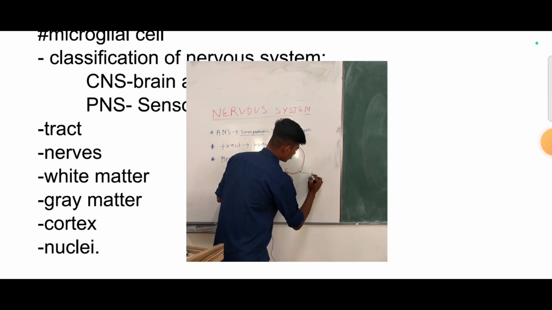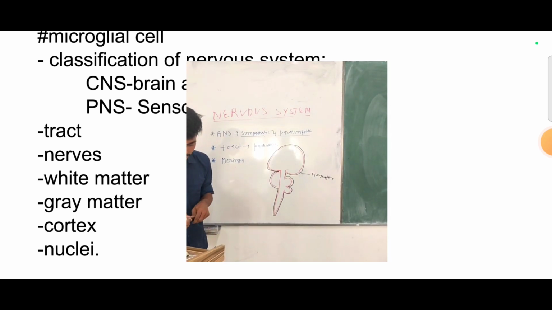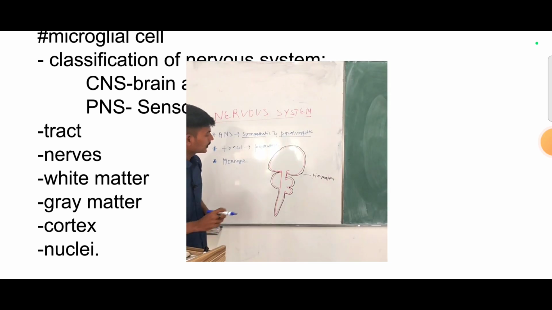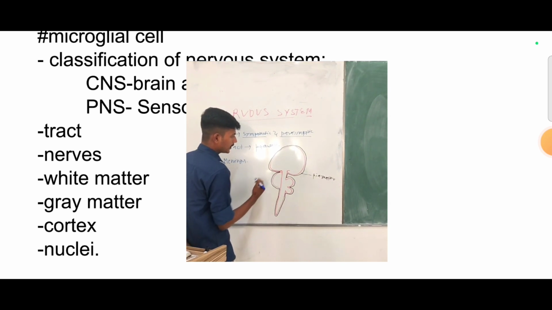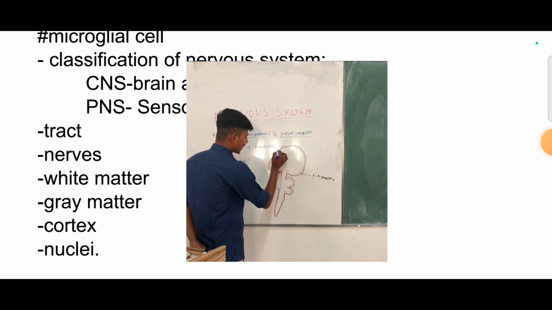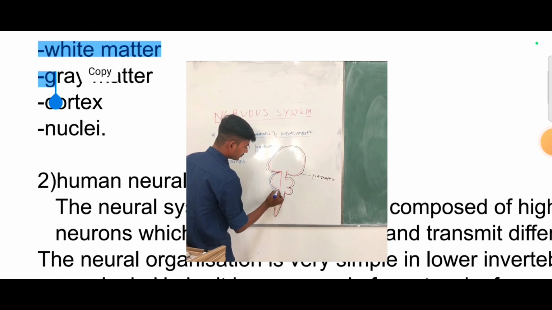It's the soft pia mater. Clear? Now, the other covering which is present after the pia mater is the arachnoid mater.